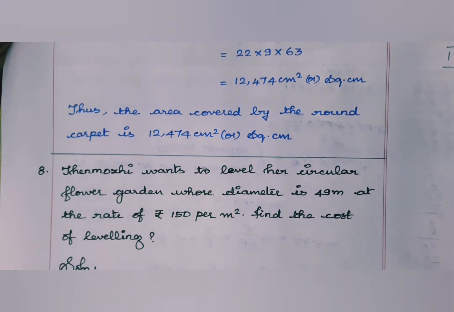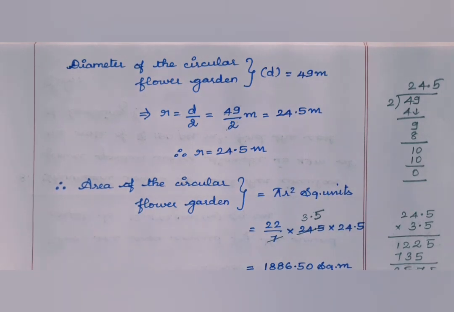Okay, let's see. Whenever a question has the words cost of leveling, we have to first find the area of the given part. If we find the area only, we can calculate the cost of the leveling or painting, whatever. So now diameter of the circular flower garden D is equal to 49 meter.